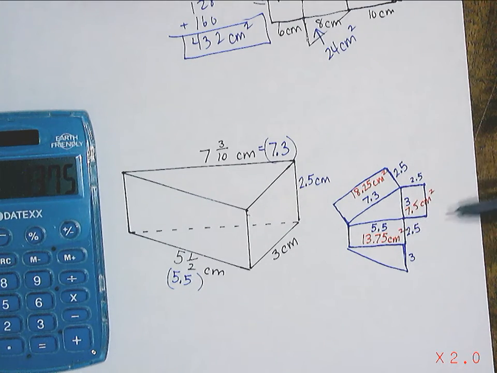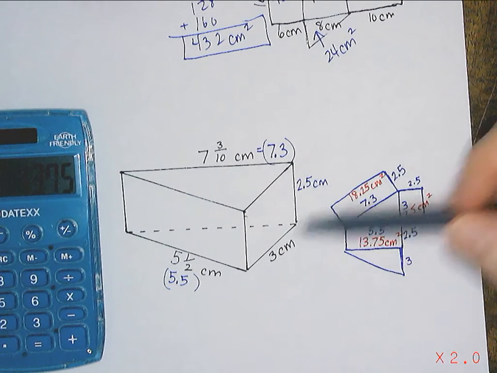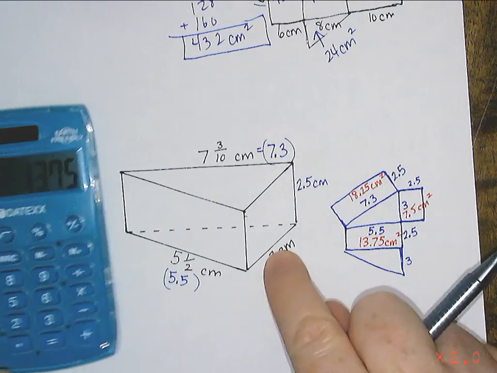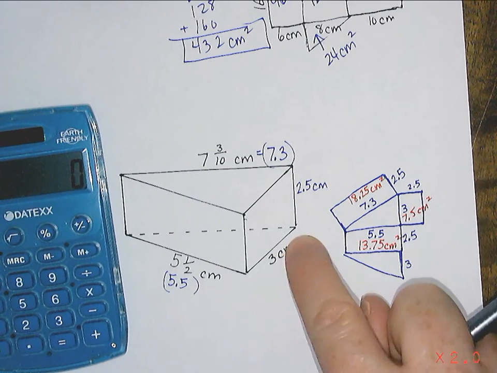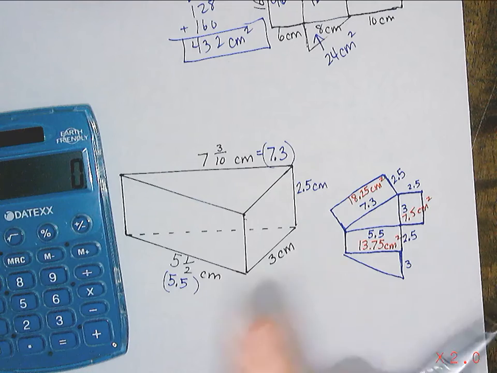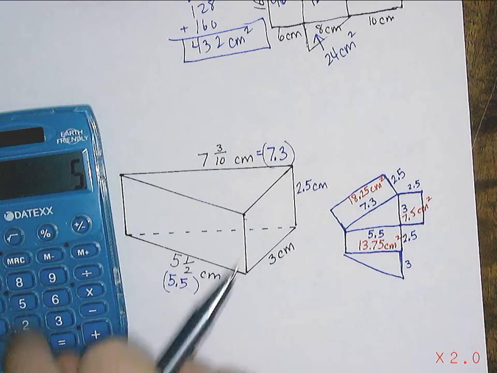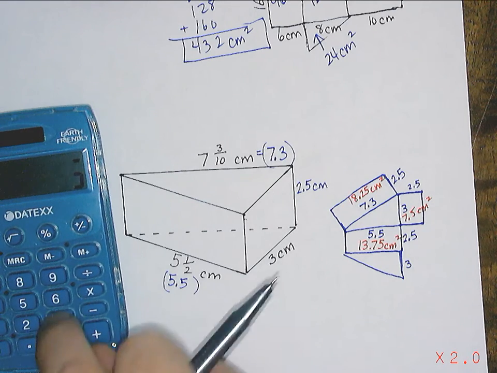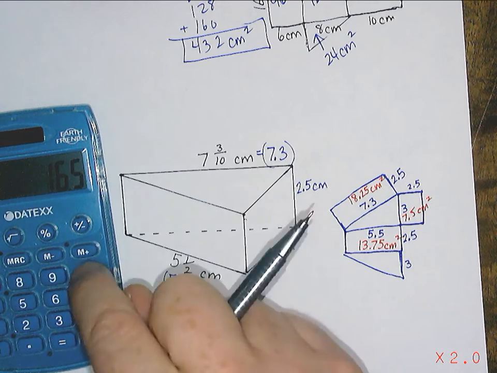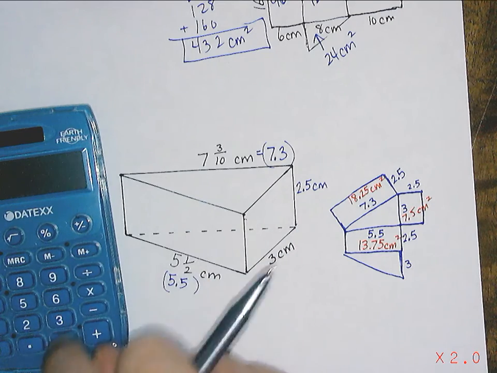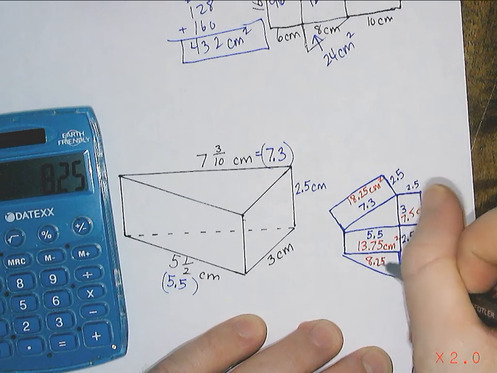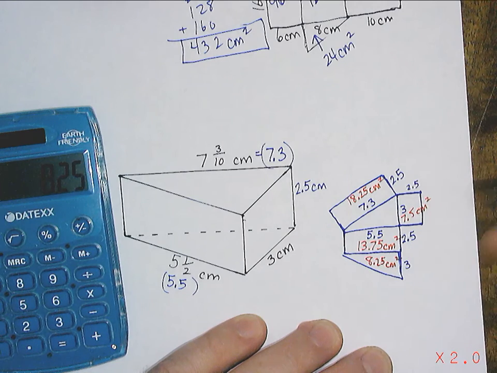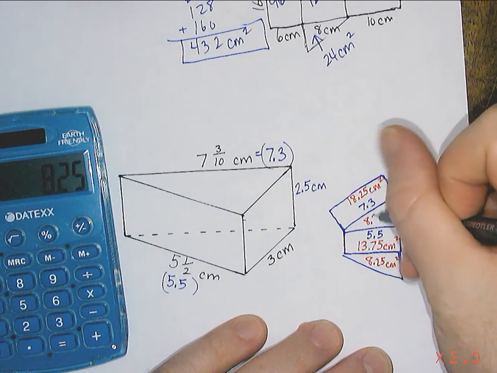And then last, you've got these triangular bases. So 5.5 times 3 divided by 2, because remember, a triangle is base times height divided by 2, equals 8.25. So if this is 8.25, you know the top's also going to be 8.25.